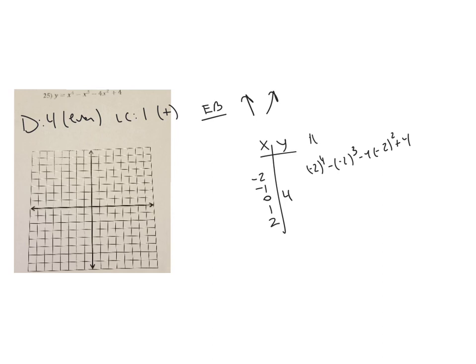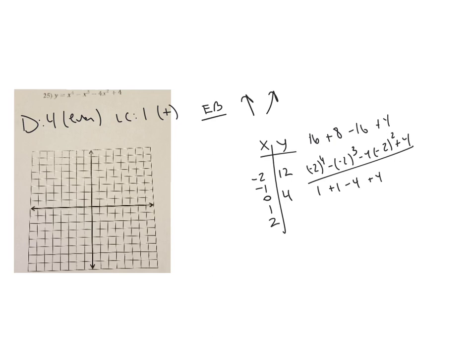So I get positive 16 plus 8 minus 16 plus 4. So I get 12. Plug in negative 1. So negative 1 gives me 1 plus 1 minus 4 plus 4.